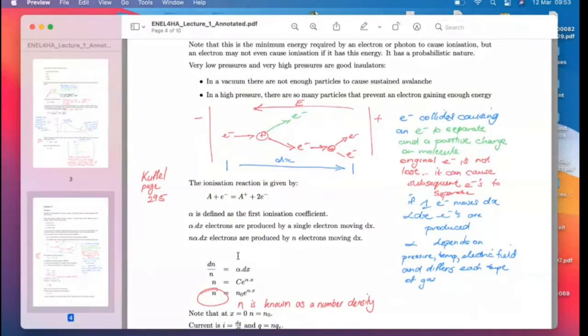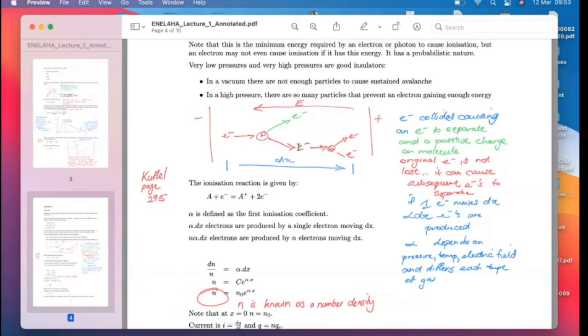Let's look at what they call an electron avalanche, or the process of the ionization. Let's look at a gas between two electrodes with an electric field set up between them. An electron will come in, it'll hit a molecule, it won't join that molecule, it'll release an electron from that molecule, and it will also continue on its path.